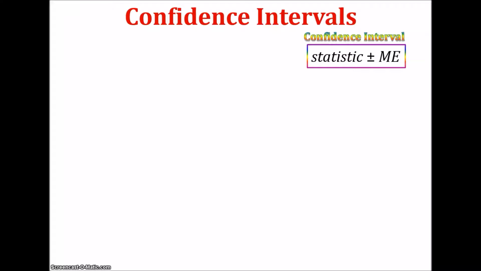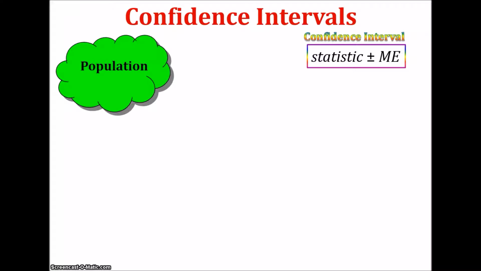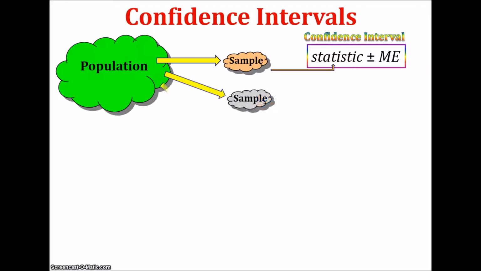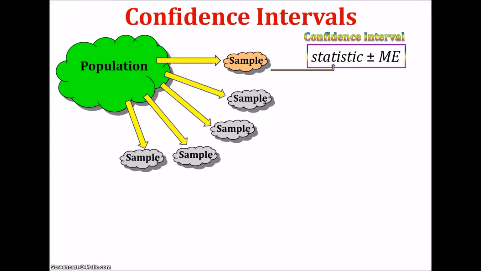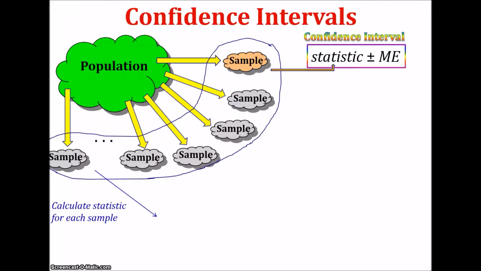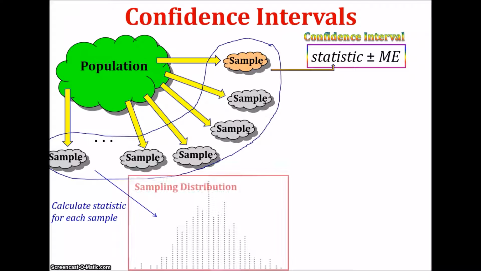So when we make our confidence intervals, we start with a population that we're interested in. We draw a representative random sample from the population, and we use that to calculate our statistic. If I were to draw a whole bunch more samples, I could calculate statistics from all of those and create a sampling distribution.